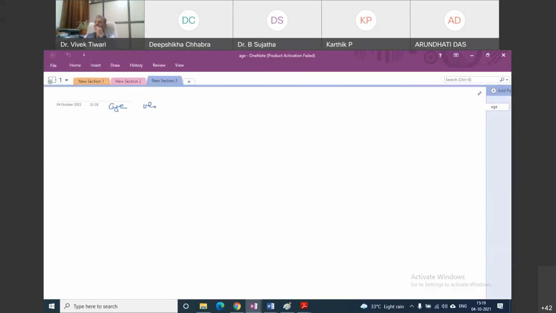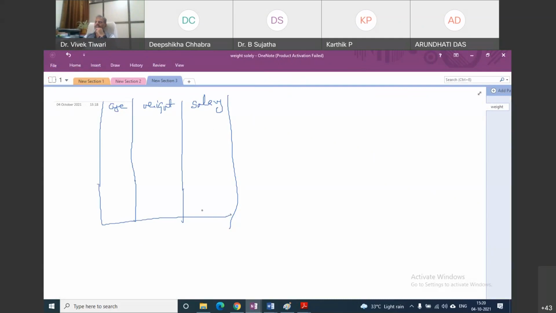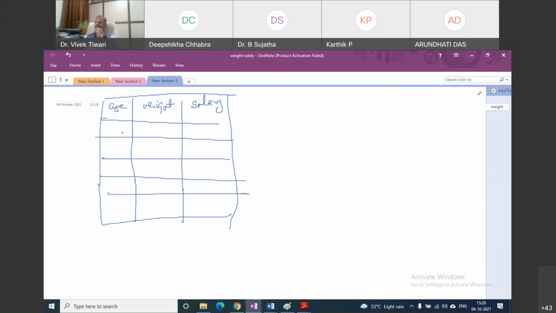Suppose this is the weight, this is the salary. Suppose this data set is given to you. You can easily visualize that data set. These are the rows, maybe thousands or millions of rows.